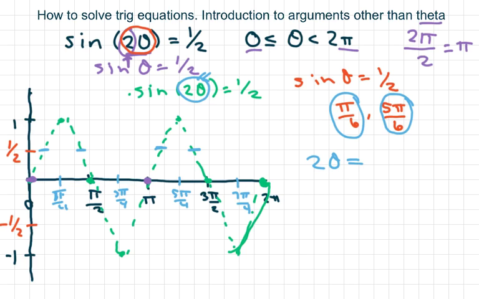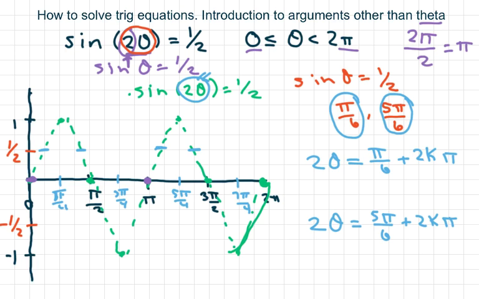I'm going to write the general form for this. We know that 2 theta is pi over 6, and since the period of sine is 2 pi, I'm going to write plus 2k pi. Then also, 2 theta equals 5 pi over 6 plus 2k pi.